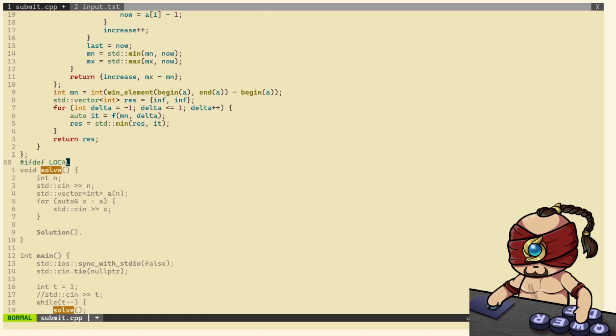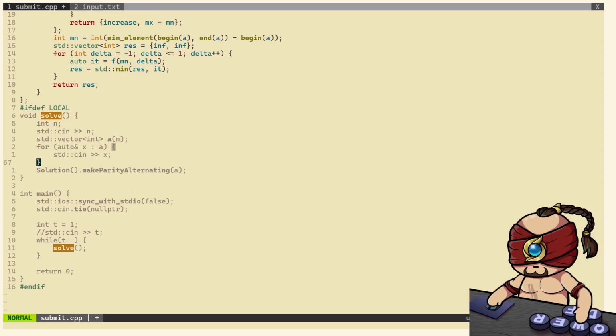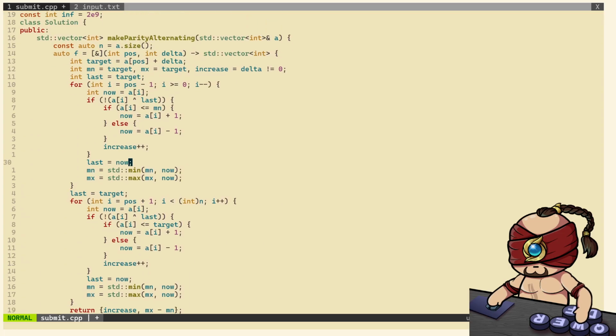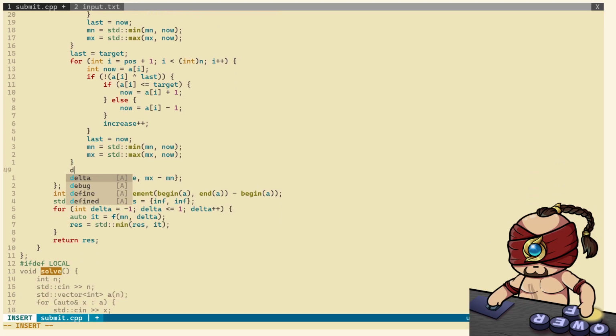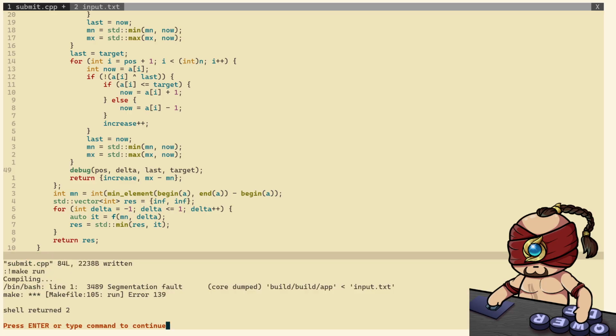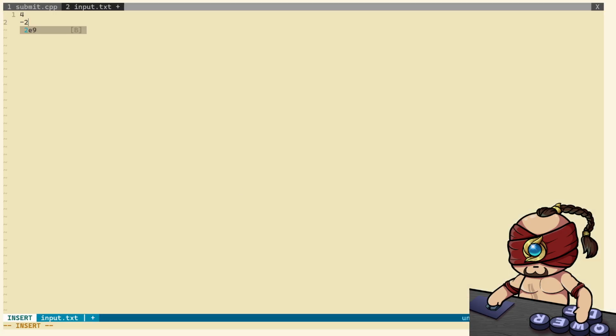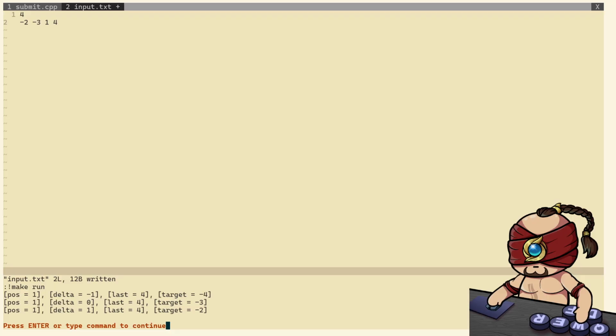Make parity alternating. Okay, let's see. Let's debug. Print delta, last, target. I don't know. 4, -2, -3, 1, 4. Okay. Target is -4.